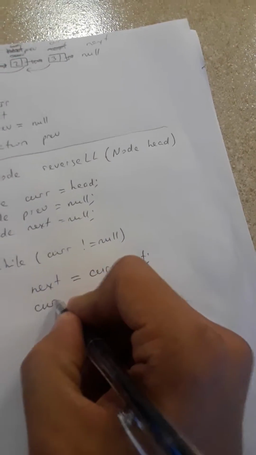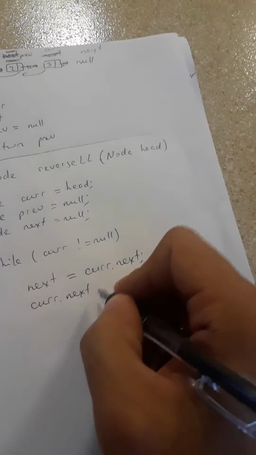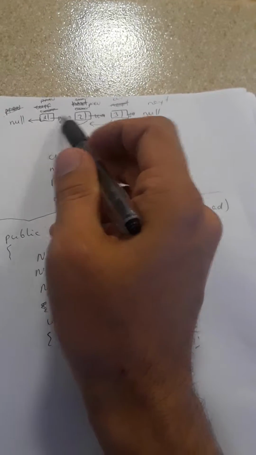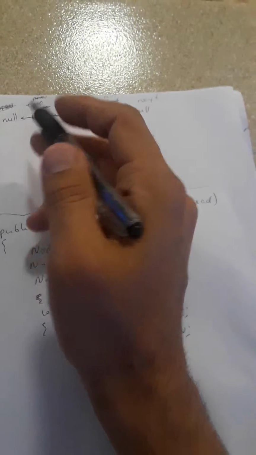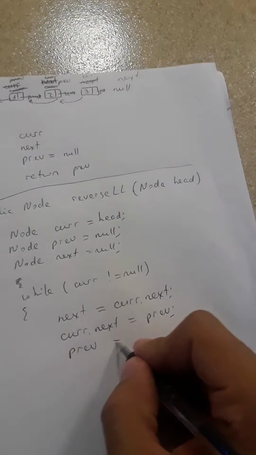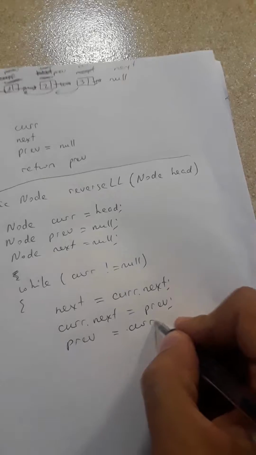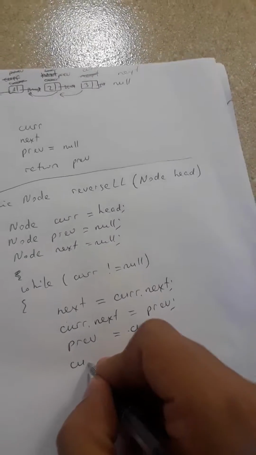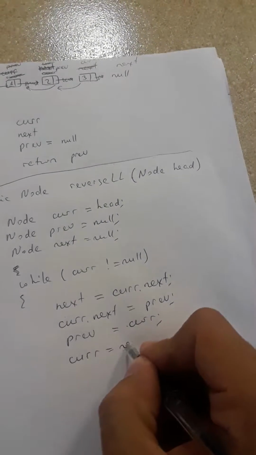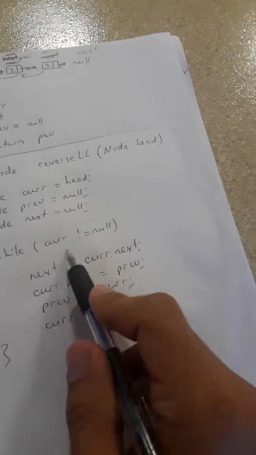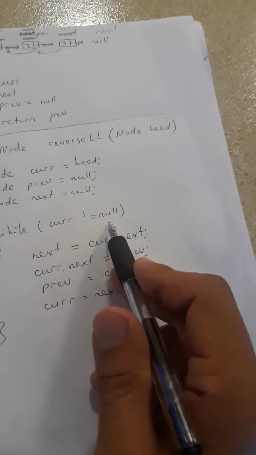Then I will change the pointer of current next to previous, reversing it. After that, I will move my previous node, making it equal to current itself, and I will redefine current, making it equal to next, until it reaches the end of the linked list.